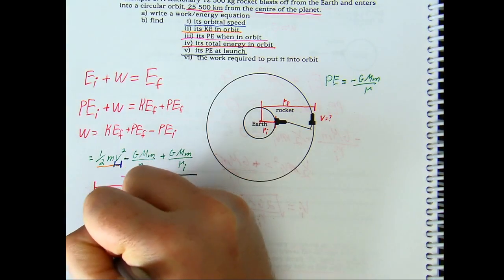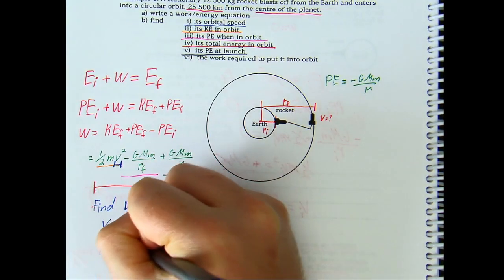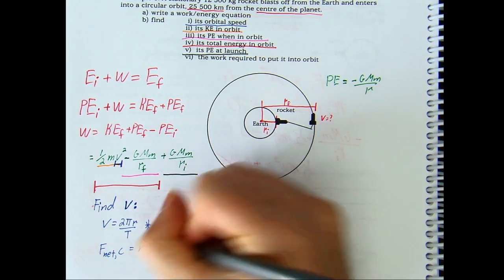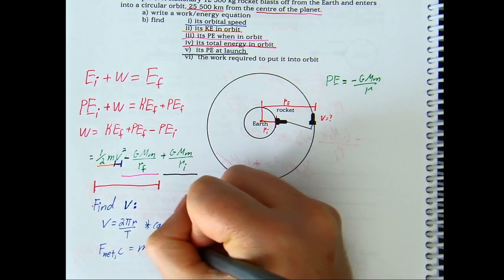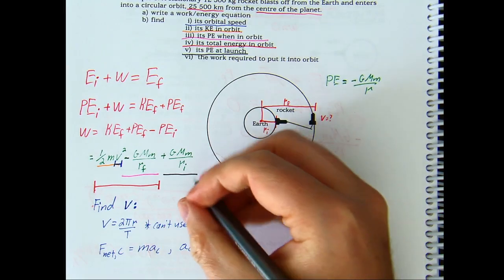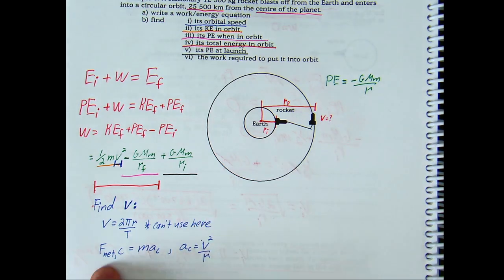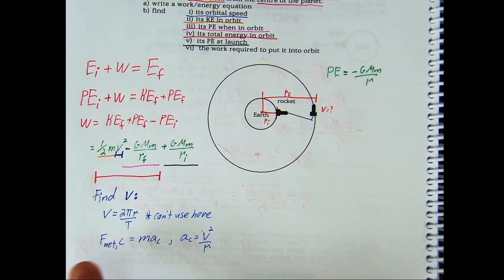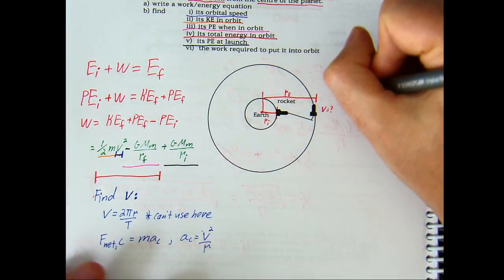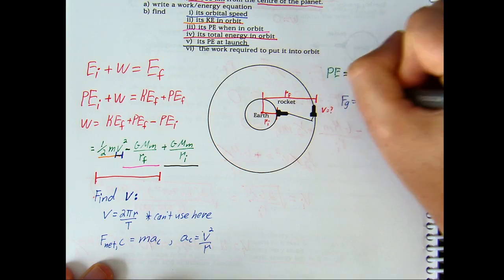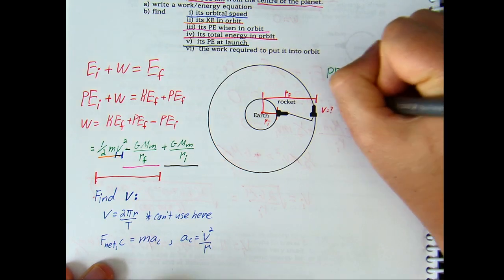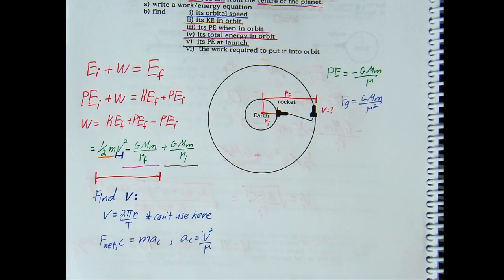F net C equals m a C, and we're going to use the fact that a C equals v squared over r. Now the force that's actually causing the motion here is gravitational. So I'm going to put this up here as well. We're going to have F G equals G M m over r squared, just so we don't forget that.